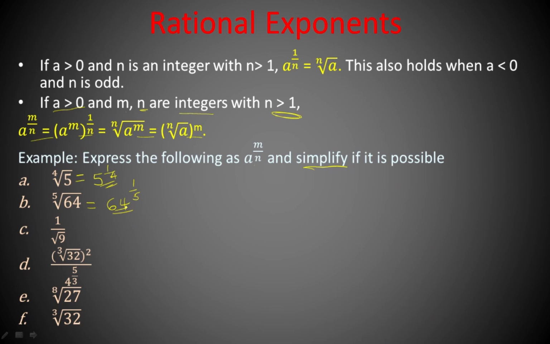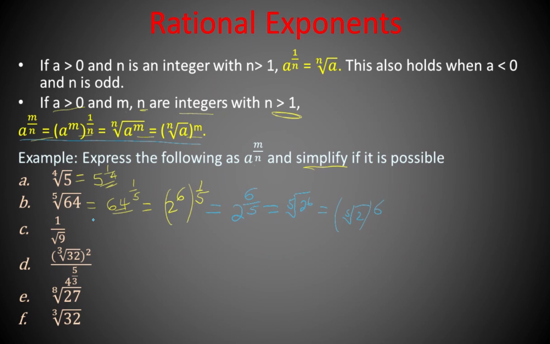From this, it can be written as 2 to the power of 6 times 1 over 5, which is 6 over 5. To express this statement, it is just like the four types: it can be written as the fifth root of 2 to the power of 6, or the fifth root of 2, the whole to the power of 6.